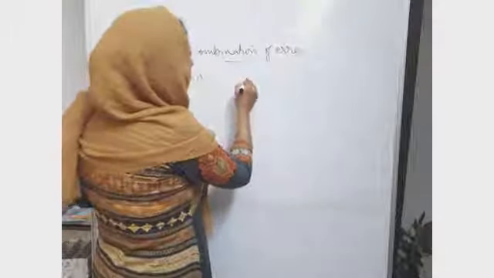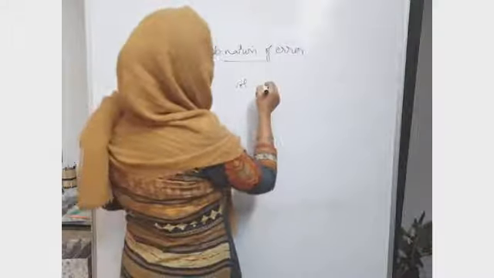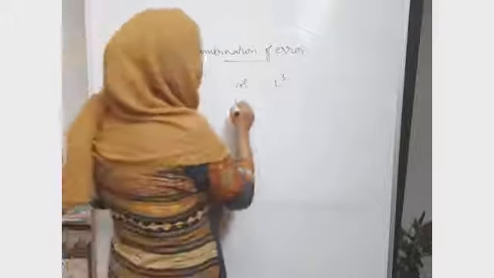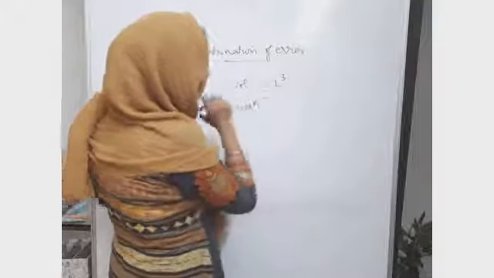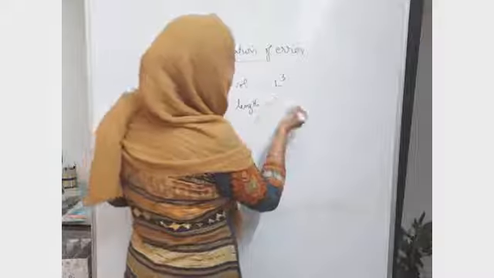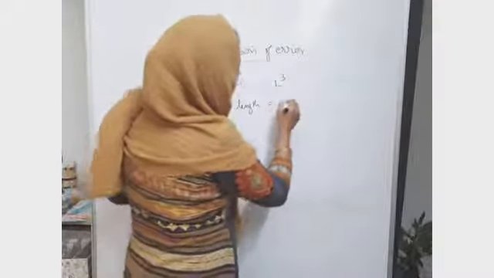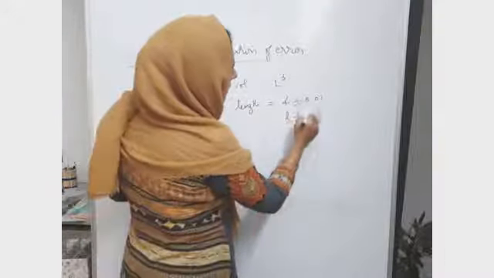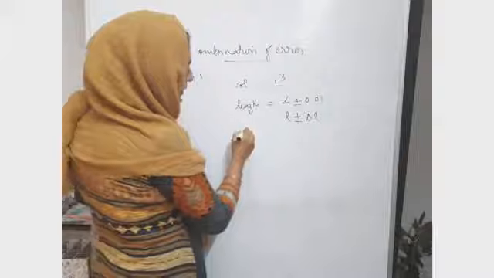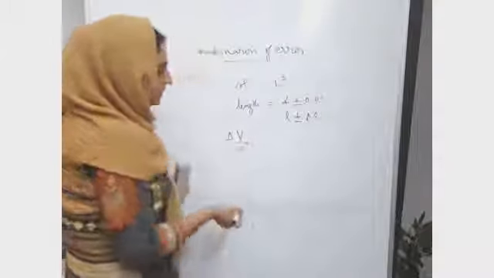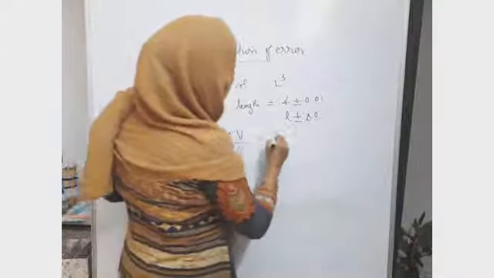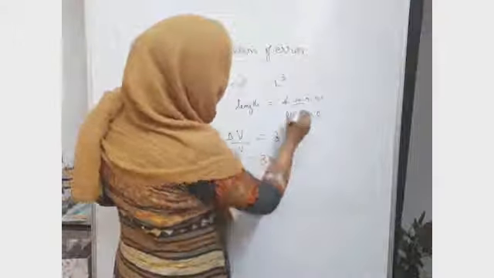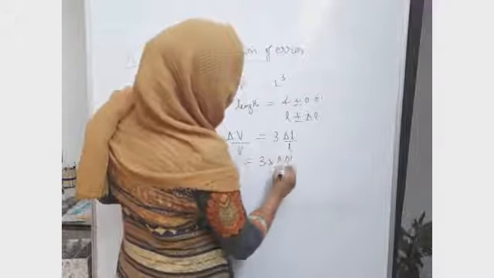If the volume of a cube is represented as L cube, and the length of the cube is given in terms of error as 4 plus or minus 0.01, then it is in the form of L plus or minus delta L, isn't it? So the error in volume will be delta V by V equals 3 into delta L by L. So you can write it as 3 into delta L, which is 0.01, divided by L, which is 4.